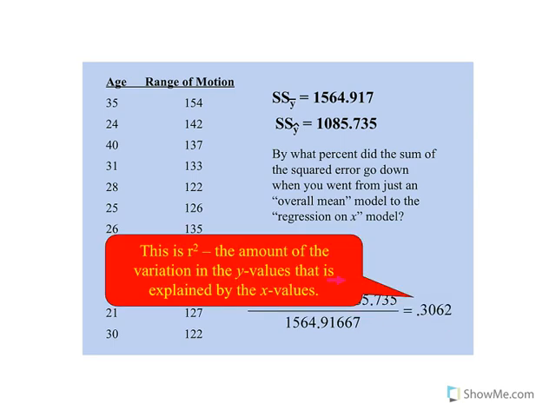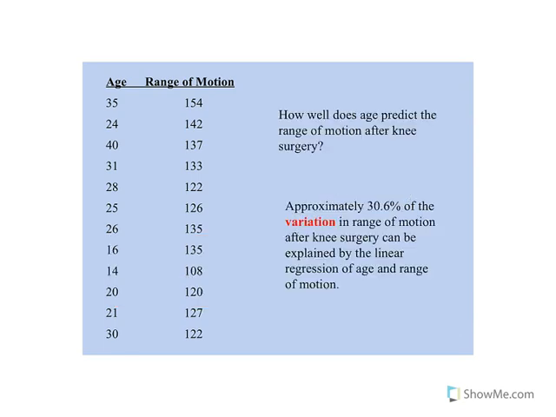In fact, this R squared value can be interpreted as the variability in y that is explained by the linear relationship between x and y. In other words, knowing your age allowed me to better predict your y value or your outcome. So this is how we would interpret that R squared value.